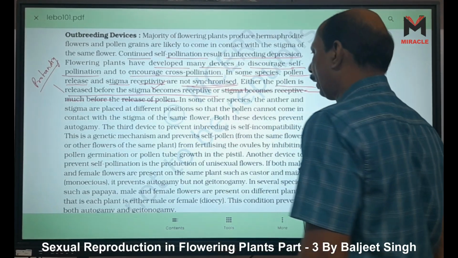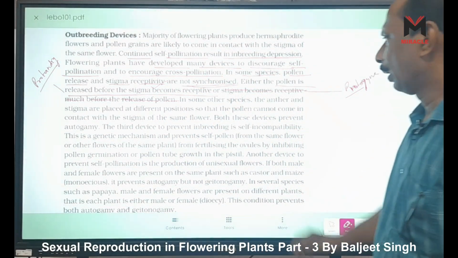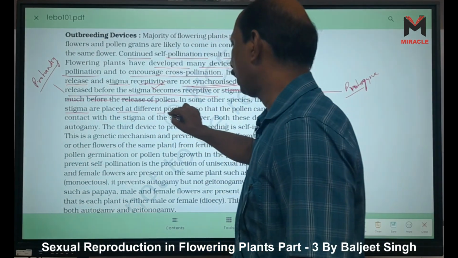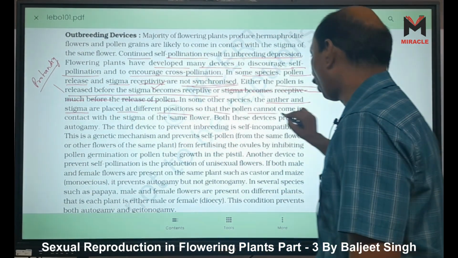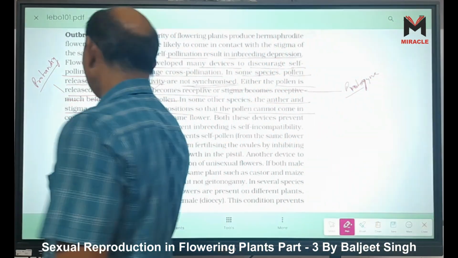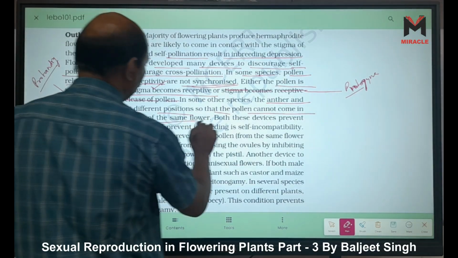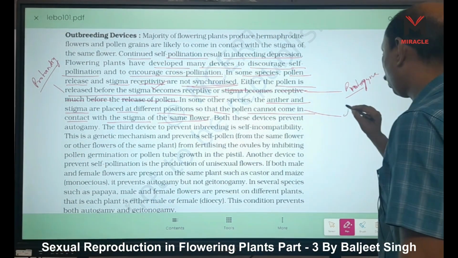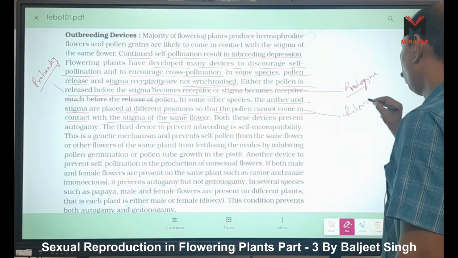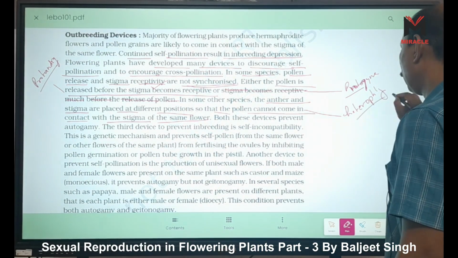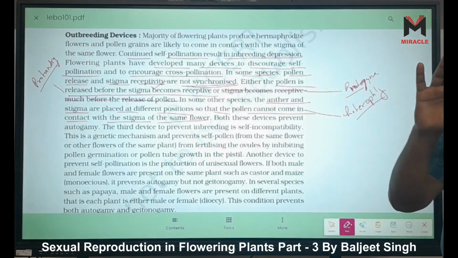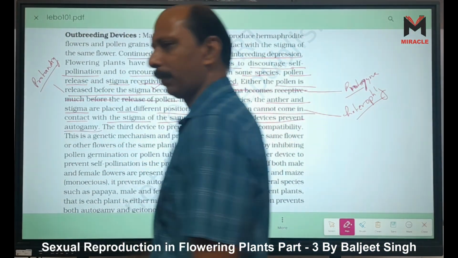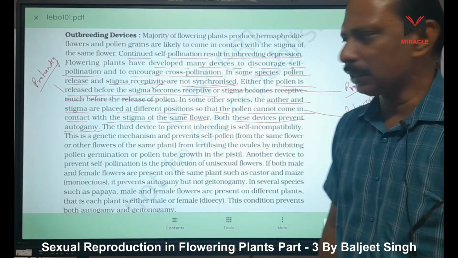Protogyny means the gynoecium matures first. In some other species, the anther and stigma are placed at different positions so that the pollen cannot come in contact with the stigma of the same flower, right? And this one is called heterostyly, which means their length is different. Both of these devices prevent autogamy, which means they prevent self-pollination.